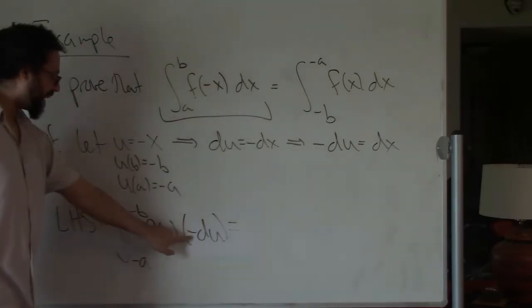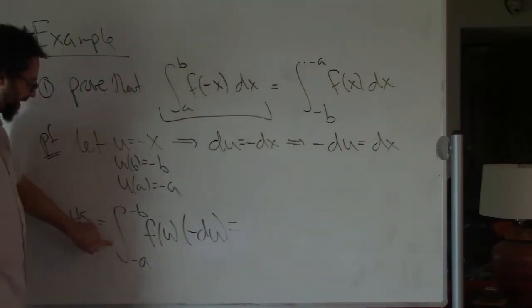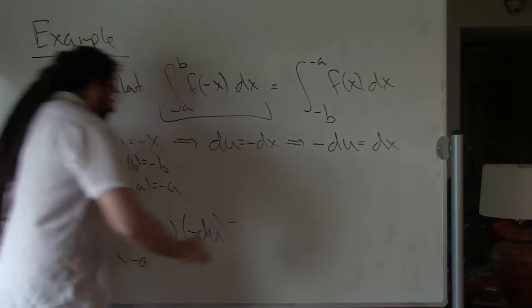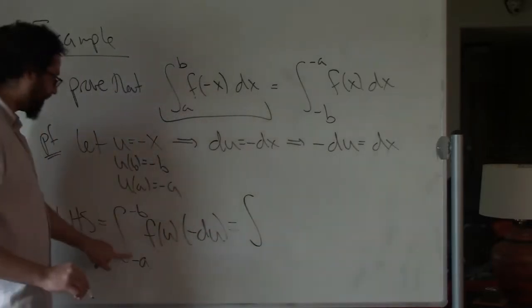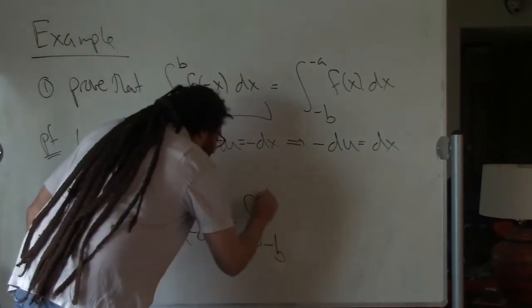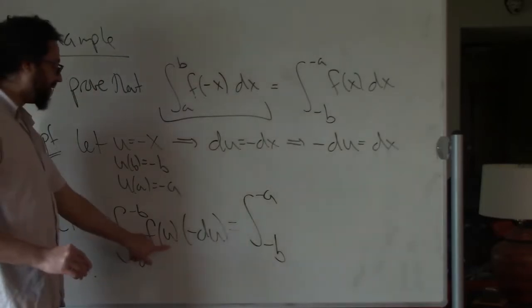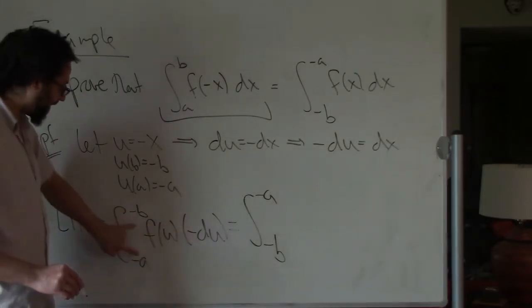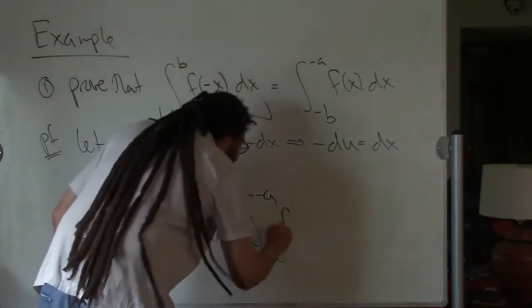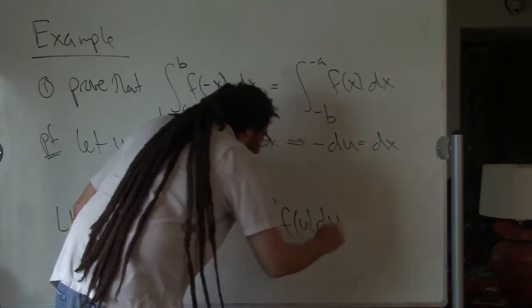And so now I can write the negative sign out front, and that's going to switch the limits of integration. So now this is the integral from negative b to negative a, f of u du.